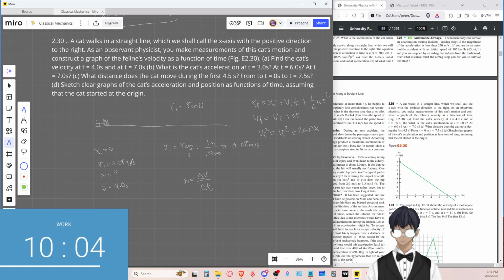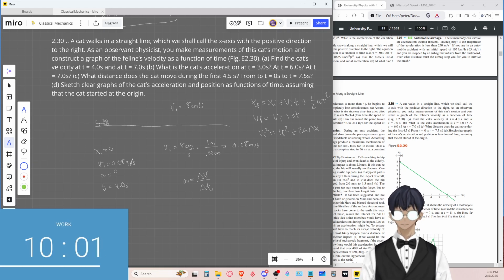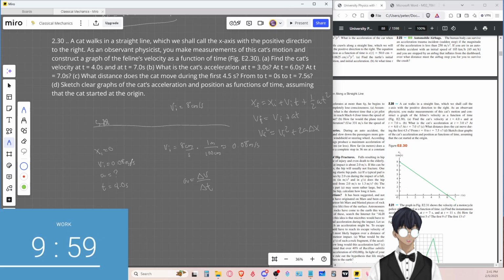Maybe there's an assumption I'm missing. So we know that the initial velocity is not 0. We know that it starts at the 0 point, so its initial position is 0. We know the time.